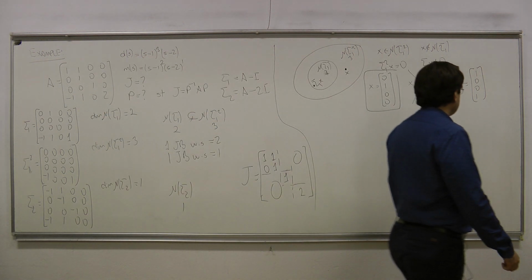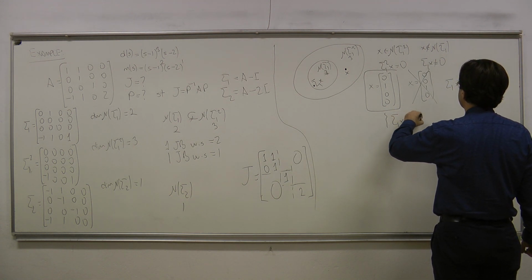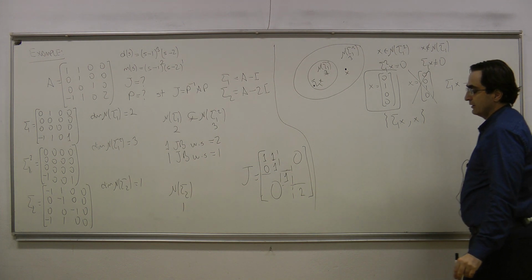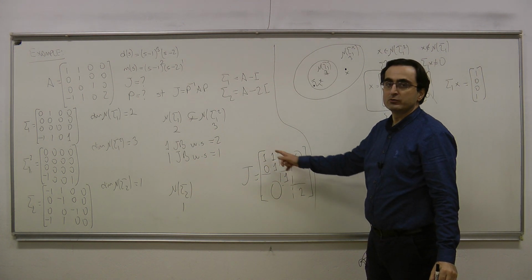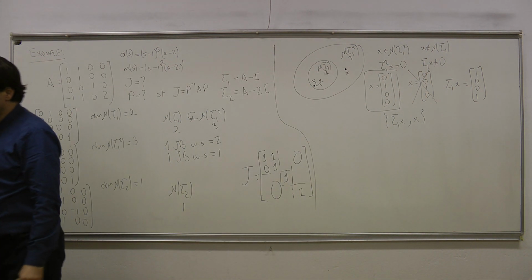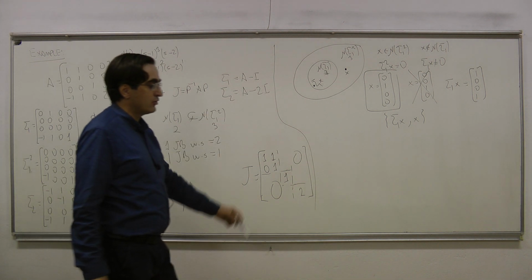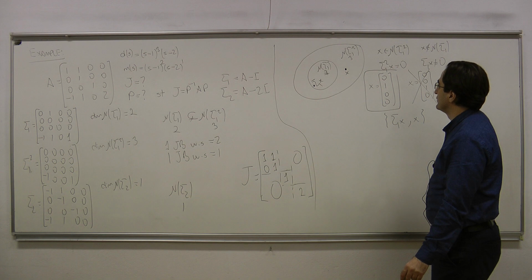All right? So this is going to be my first chain, sigma 1x and x. Okay? And this is the chain corresponding to this 2 by 2 Jordan block. Now I'm going to try to complete this chain into a full basis for this outer null space, the largest null space.